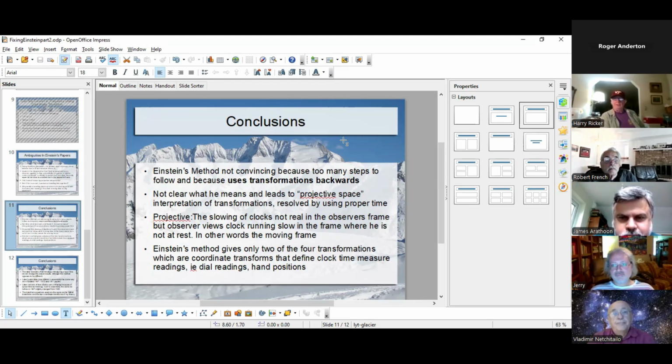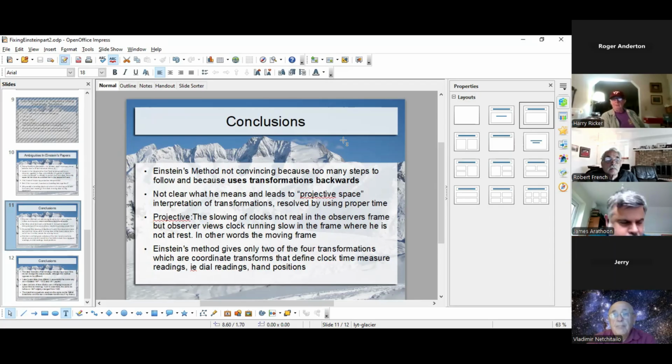in 1907 and 1910, where he counts ticks. And he says the frequency is lower. The clock is slower in the moving frame because the clock in the moving frame counts fewer ticks. That's essentially his argument, which in my mind wasn't a very satisfactory argument, which is why I actually did the conversion from time to frequency that I showed you.